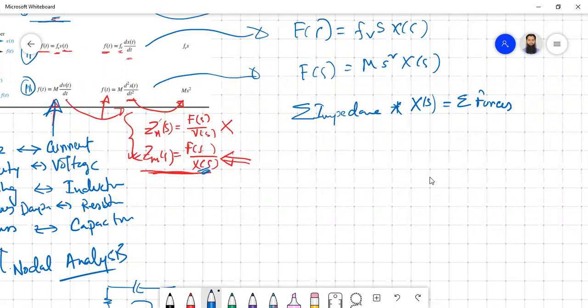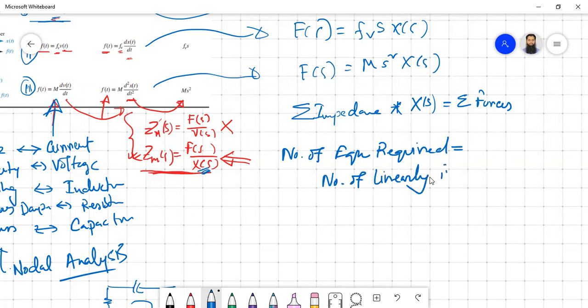That depends on the number of linearly independent motions. So the number of equations in the mechanical domain required is equal to the number of linearly independent motions.